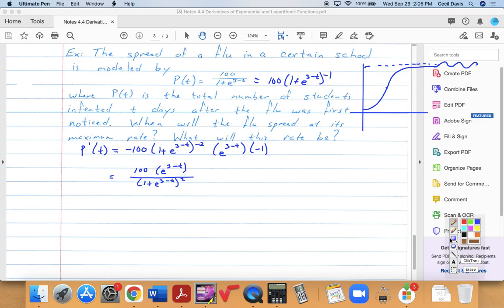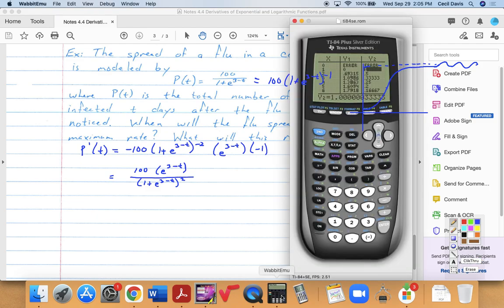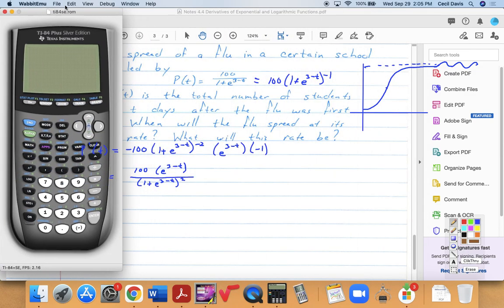But for purposes of this discussion, we'll just grab a calculator, slap it around until it wakes up. We'll graph this, clearing out any other stuff that's in the way.